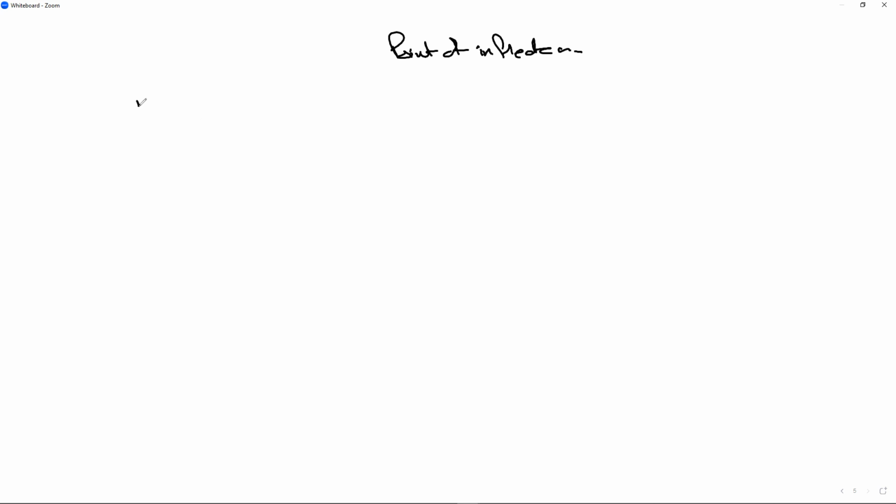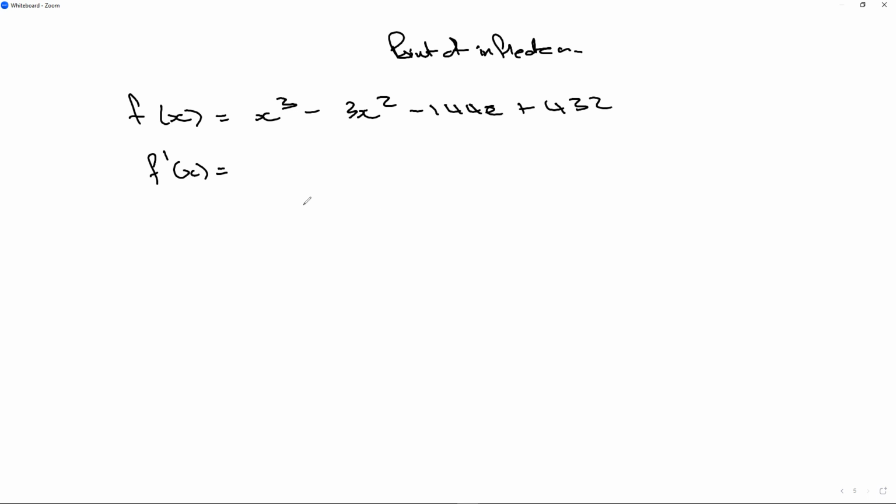Okay, so let's suppose I've got the function f of x equals x cubed minus 3x squared minus 144x plus 432. If I derive it, I get 3x squared minus 6x minus 144.